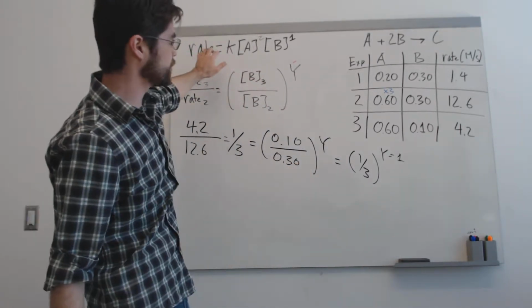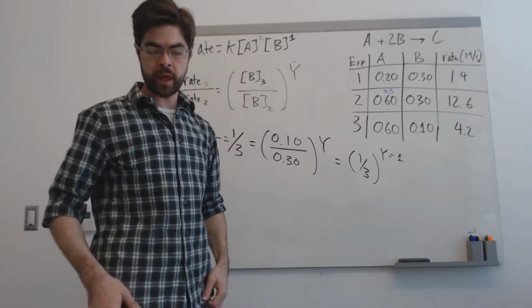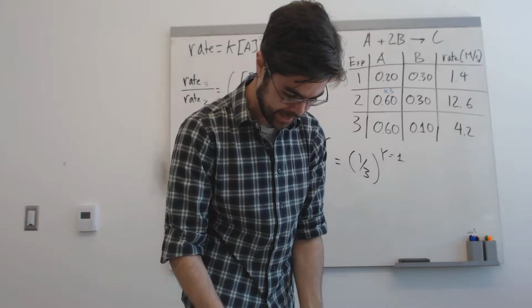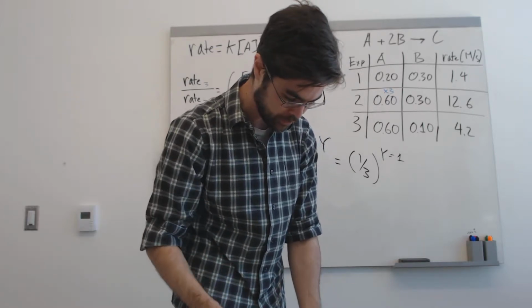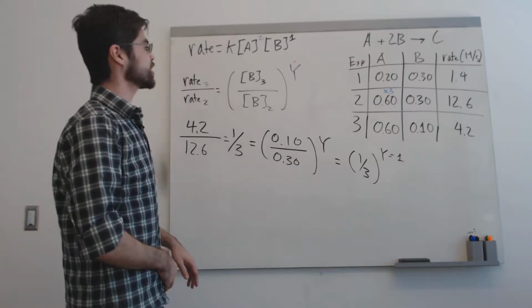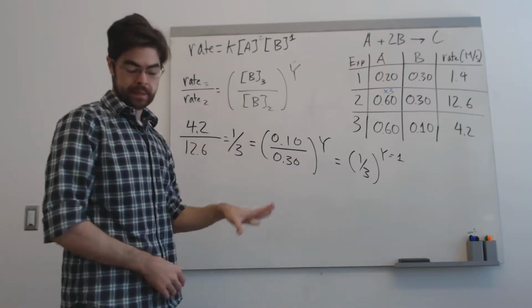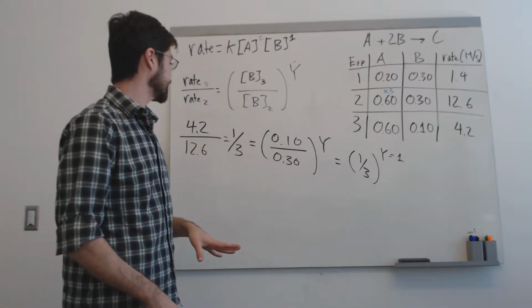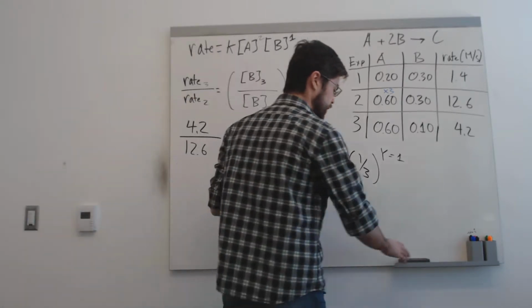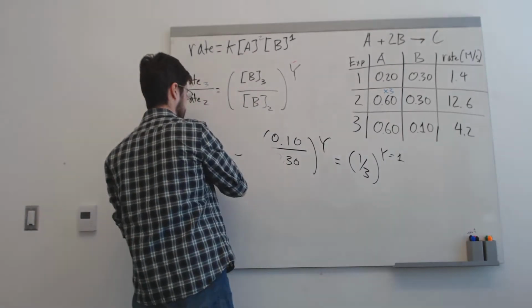Okay, so now that you have the general form of the rate law, how do you get the rate constant? Because that's the last thing you usually want to determine here. At this point, we actually have all the data we need to calculate the rate constant. So I have this general form here for the rate law.